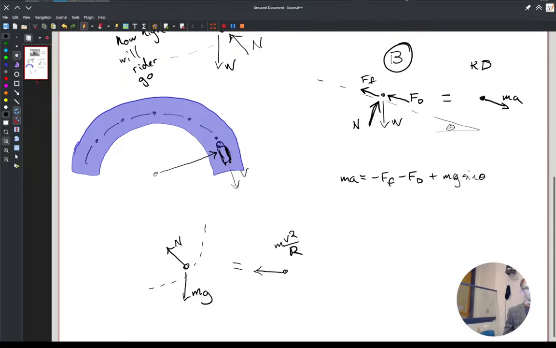In your MA, why isn't the normal force in this right hand side, like kinetic diagram? So kinetic diagram is just describing mass times acceleration. It's only in terms of like, is it a kinematic or a kinetic problem? Our MA, that kinetic diagram, is just a kinematic description.